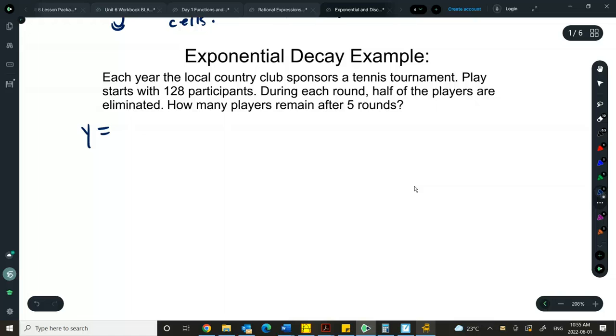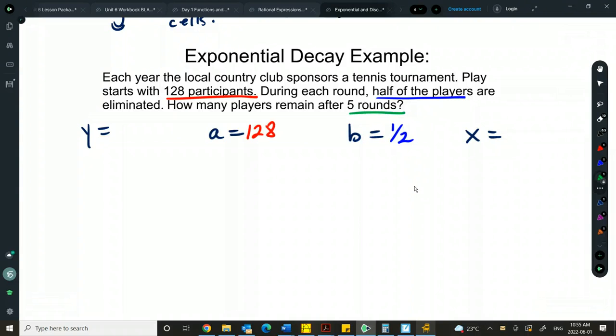But again, I'm going to use that y, a, b, and x formula because I'm not dealing with money. I start with 128 participants. That will go in for A. If the players are being halved, I'm going to plug in B as a half. 5 rounds have passed. This one's slightly different because it doesn't have to do with time.